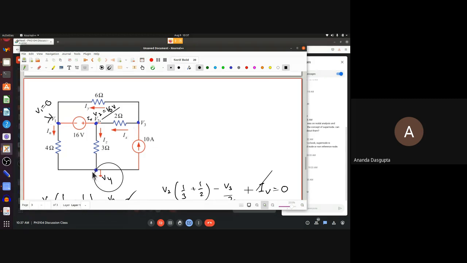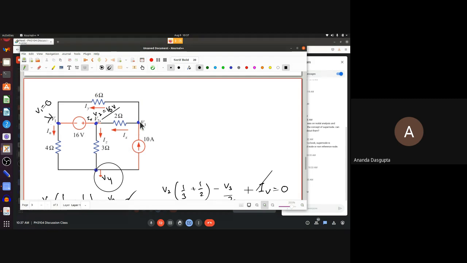But now note that writing down the equations for V4 and V3 using Norton's is trivial. What made this problem difficult was that we had already indicated that the ground would be there at V4. But it doesn't have to be. And ultimately, even if you use this convention, the physical quantities, which are the voltage differences and the currents, will come out the same. And this will work out with much less effort because you just have two unknowns to worry about.